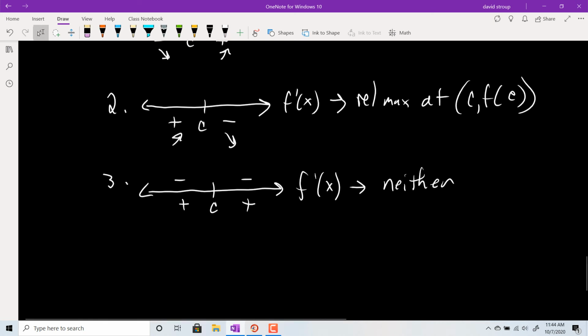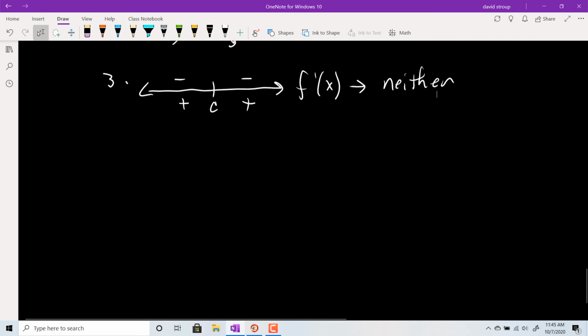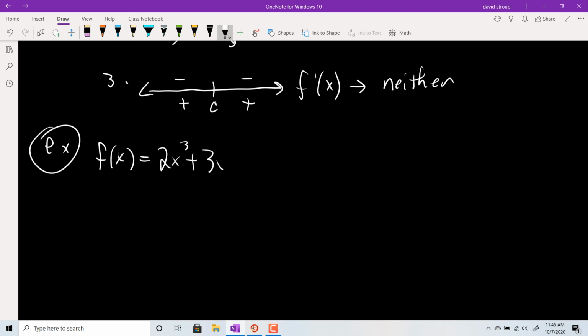Okay, so let's look at a cubic. So parabolas are kind of boring. It's always going to be plus, minus, or minus, plus. And then the max or the min will be at the vertex. But okay, so we need the critical values.